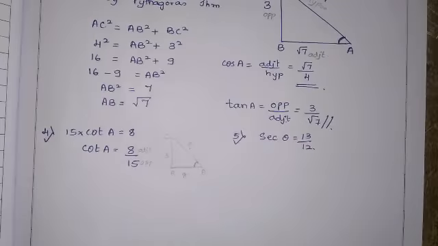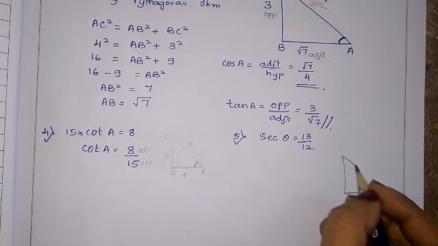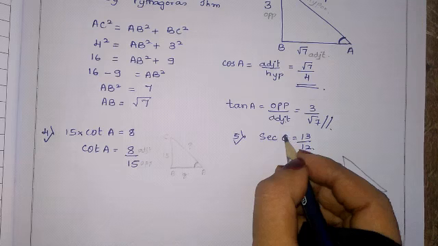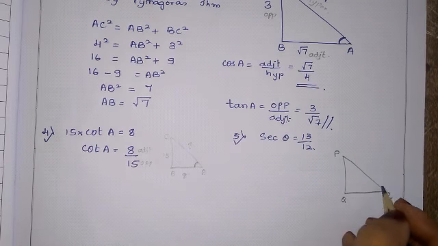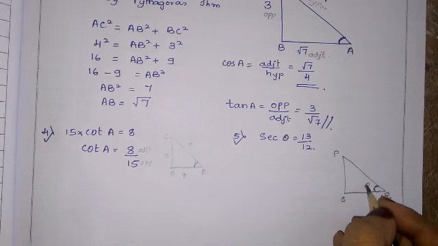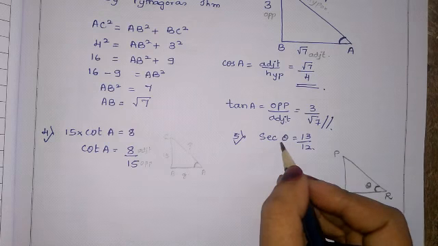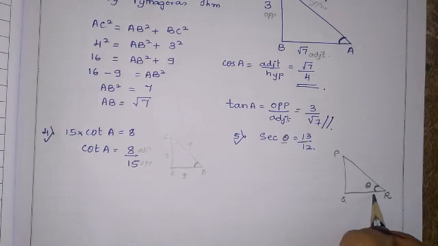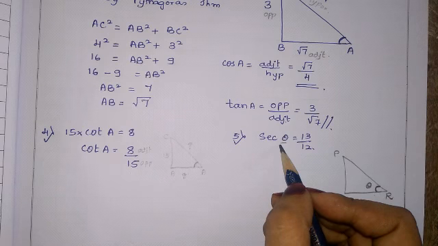Same way, for this one you have to draw a small triangle. They have mentioned theta. You can name it P, Q, R and this angle as theta. Finish. You should not consider R now. When they give theta in the question, you should mention theta. So what is there? Sec means what? Reverse of cos.